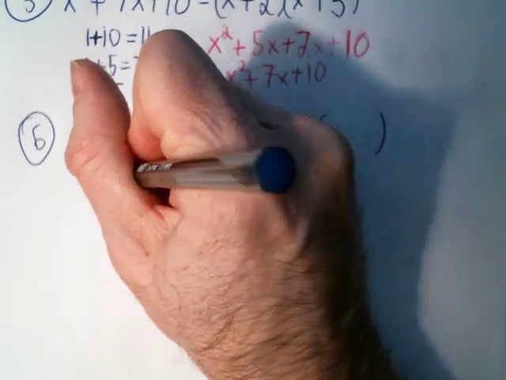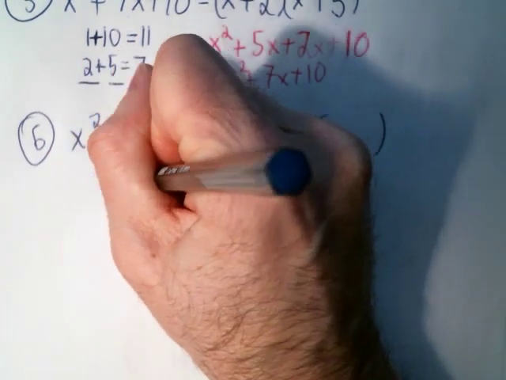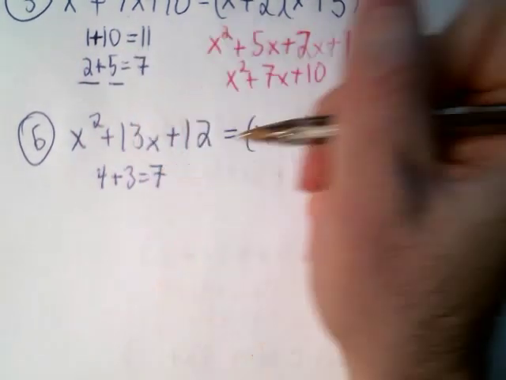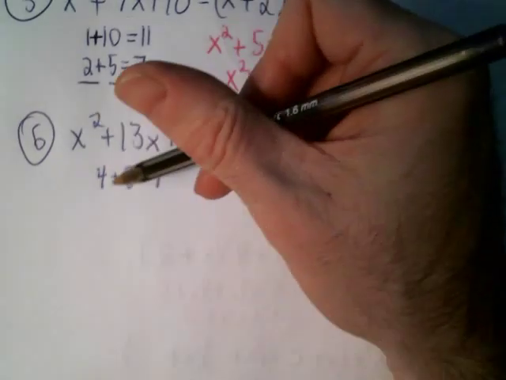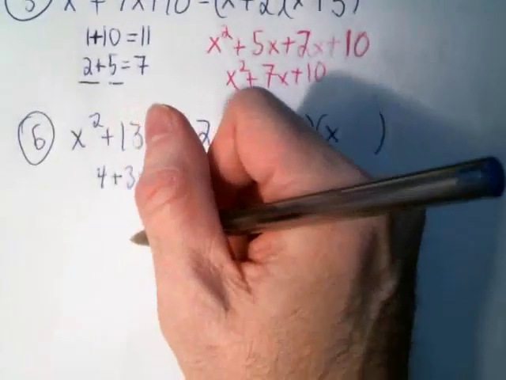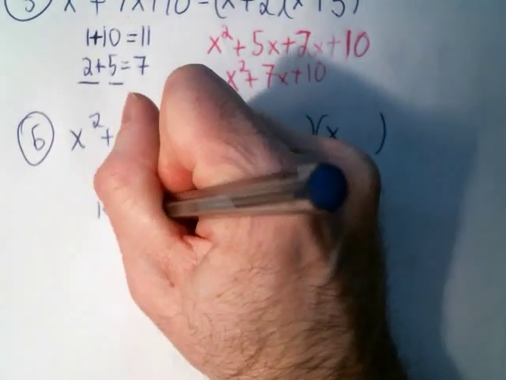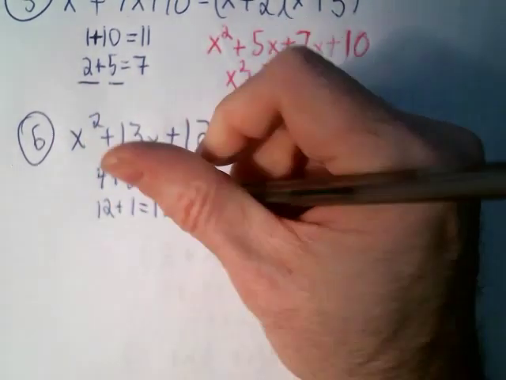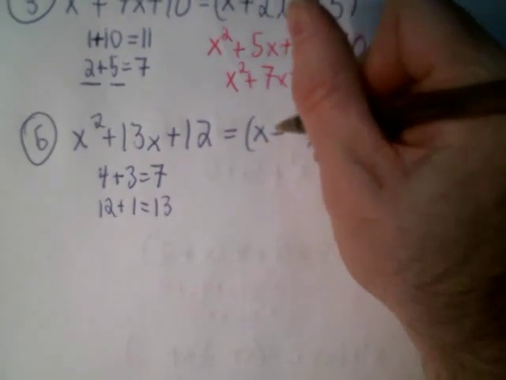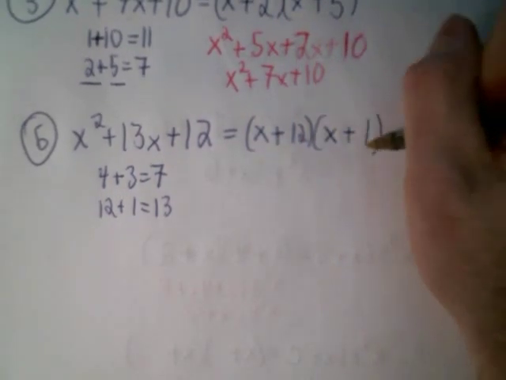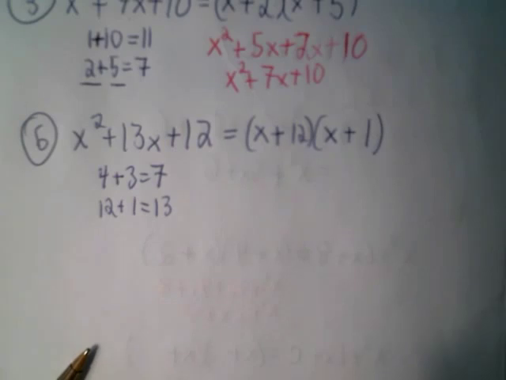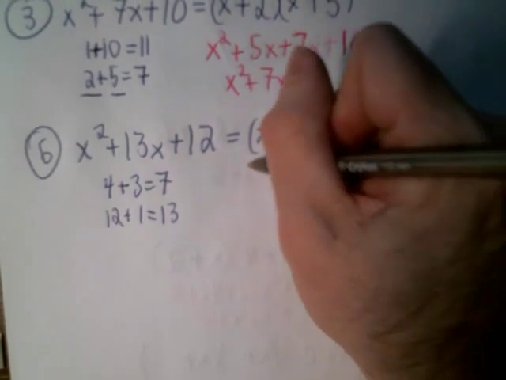So say 4 times 3, but those add to be 7. 4 times 3 is 12, but 4 plus 3 is 7, so that won't work. 12 and 1. If you add those together, you get the 13, so that'll work. So we go plus 12 plus 1. And then again, check it in your mind or write it out.